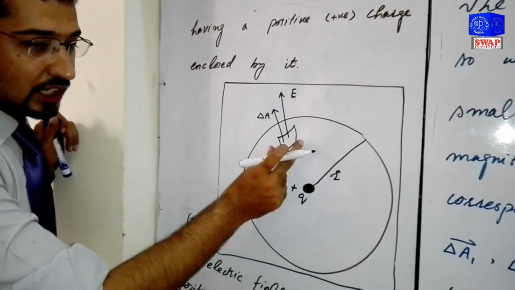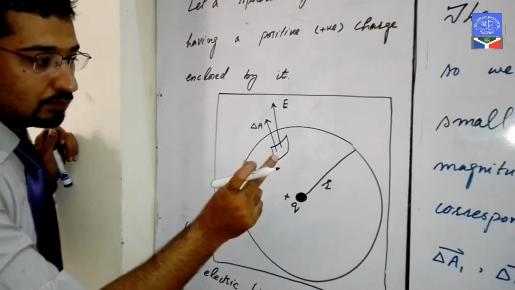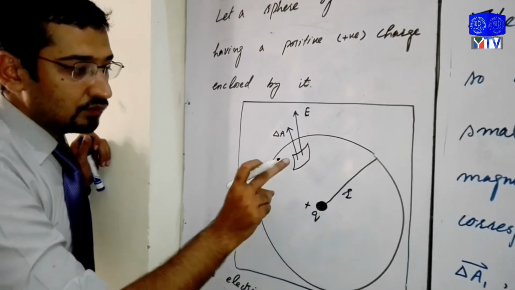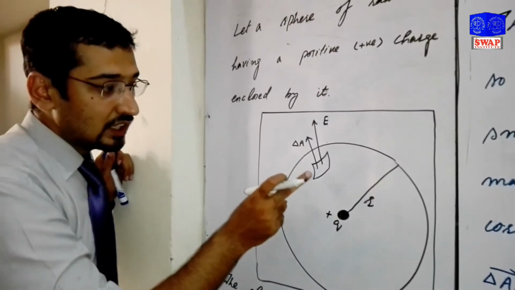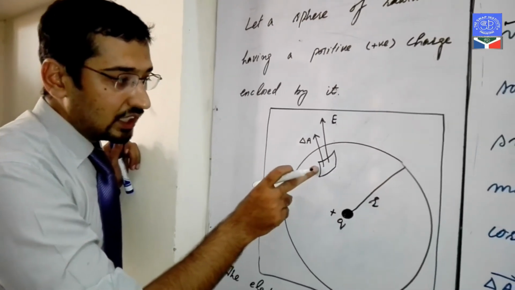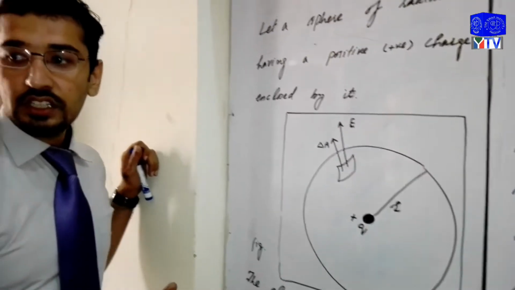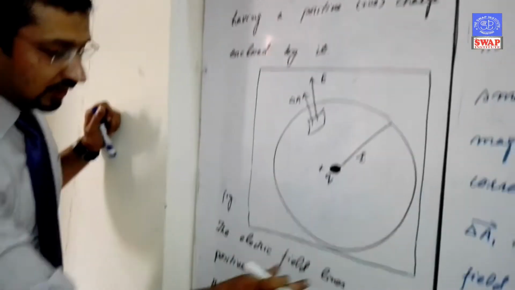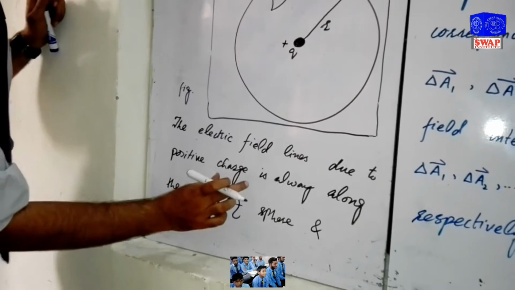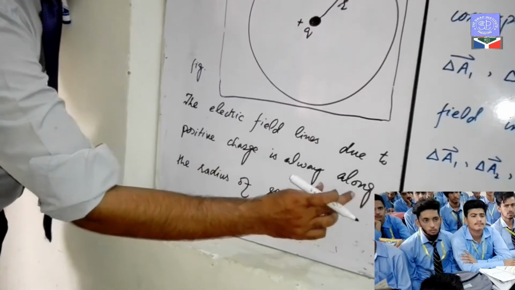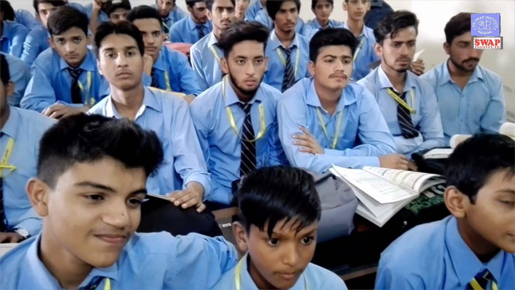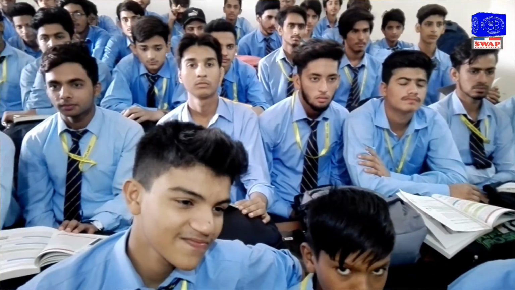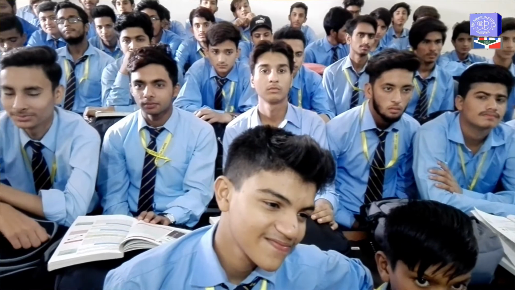Basically, this one is the magnitude of vector area, basically area, and that area is perpendicular to the electric field lines, but the vector area is parallel to the electric field lines. So the electric field lines due to a positive charge are always along the radius of the sphere and perpendicular to the surface of the sphere as shown in the figure.